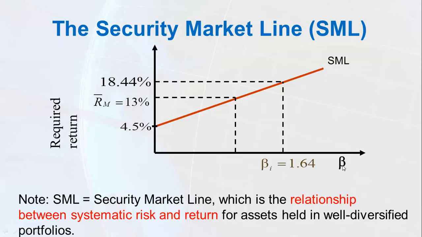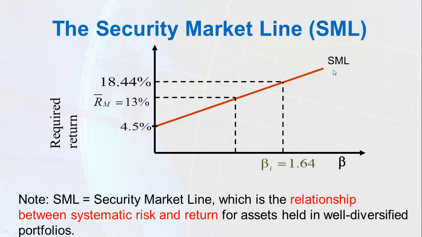SML shows the relationship between risk and return. Here in this case, risk is beta. Okay, so this one shows the relationship between systematic risk and the return on an asset, which is a part of a well-diversified portfolio.